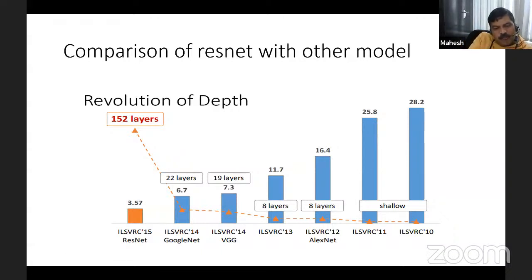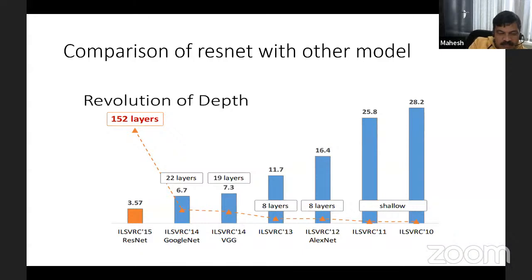But in 2015 ResNet was introduced, and they used a very large number of layers, 152 layers. You can see the shift from 22 layers to 152 layers happened in 2015. In 2014 it was 22 layers, and in 2015 they used 152 layers, and ResNet was the winner.